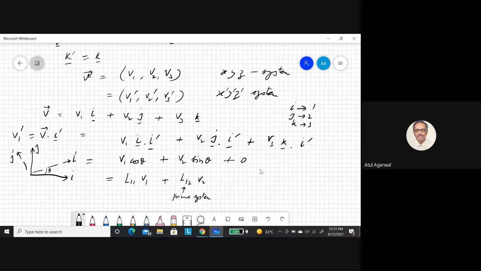You use the first index for the prime system. The other index is for what I call the lab system. This is a rotated coordinate system. So you want to find the rotated coordinates once you have the lab coordinates. This is a rotated system.